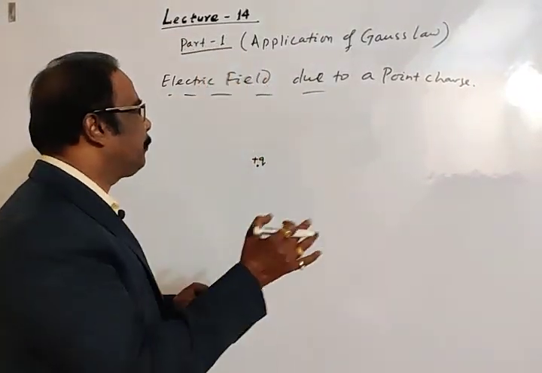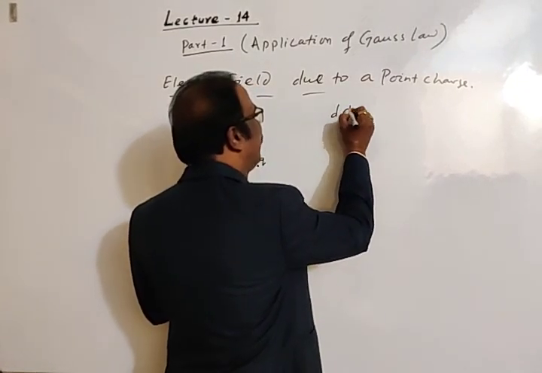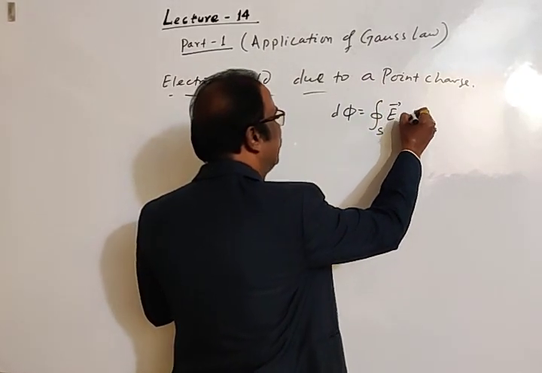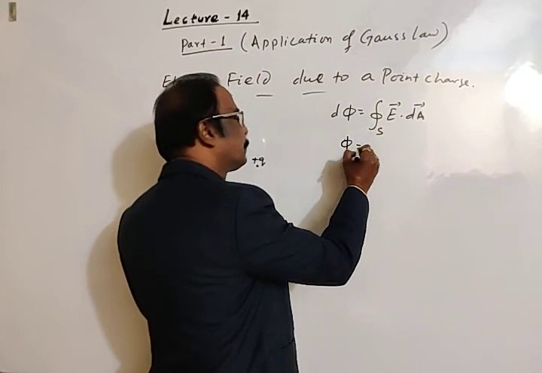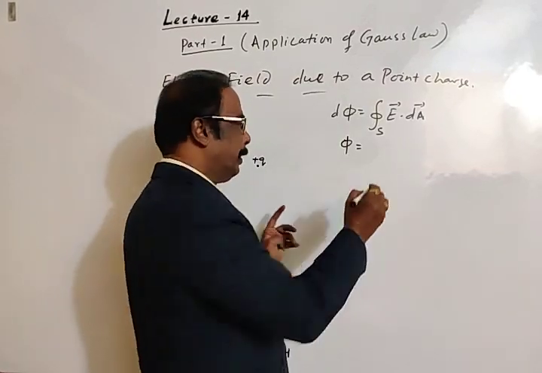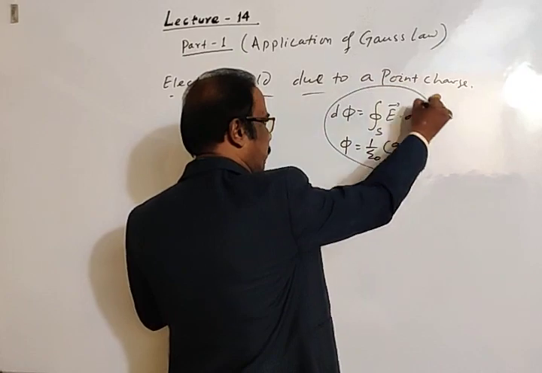Then we have to apply the formula for electric flux, d phi is equal to the surface integral of E dot dA. Then we have to use Gauss law. Total flux associated due to a charge Q is 1 by epsilon naught times the charge enclosed.